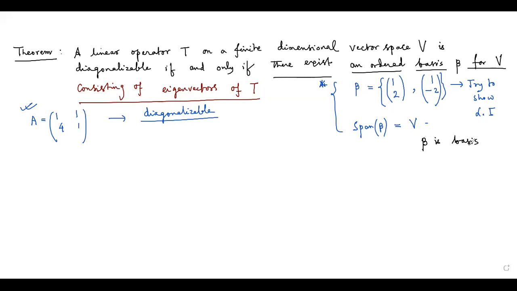You can easily show it. Now, this is the part about the existence of diagonalizability. And the next part is, what is the diagonal matrix?